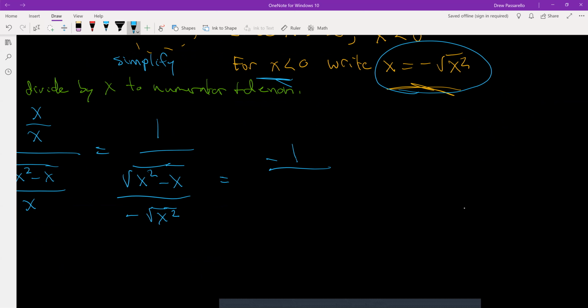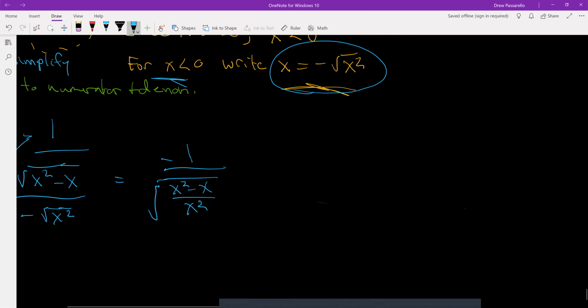You can combine that into one square root. So I can combine it, so it's x squared minus x, divided by x squared, under one square root sign. And again, I just put the minus sign up top. That's just a preference thing. And now I'm focusing on simplifying the denominator, and I combined it into one square root.